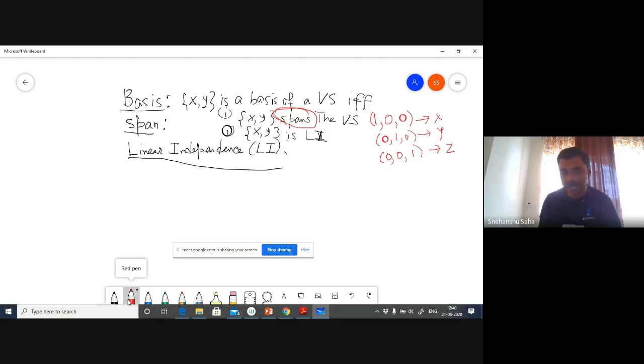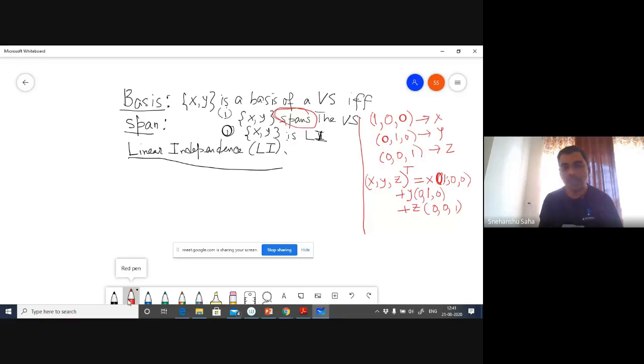Any point x, y, z, which I'm expressing using the transpose because it's really a column vector, can be written as x times 1, 0, 0 plus y times 0, 1, 0 plus z times 0, 0, 1.